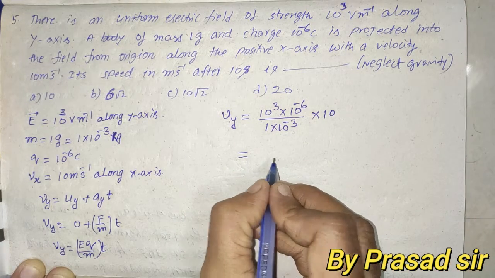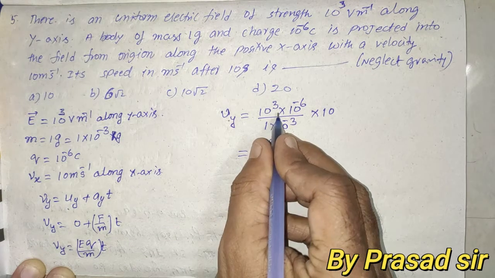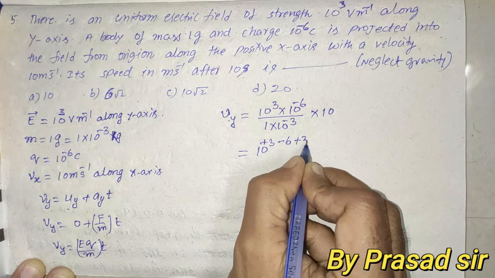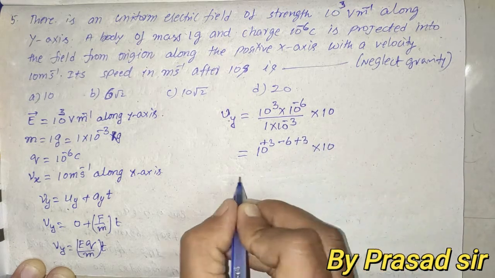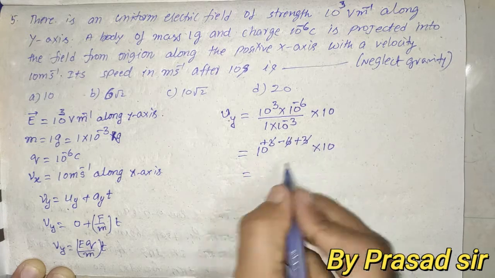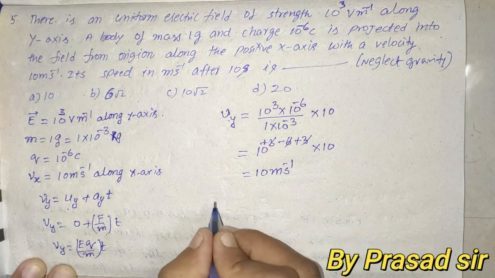So here 10 to the power of plus 3 minus 6 and here plus 3, into 10. So that means these cancel, remaining 10 meter second to the power of minus 1.